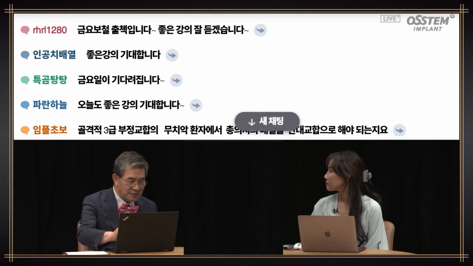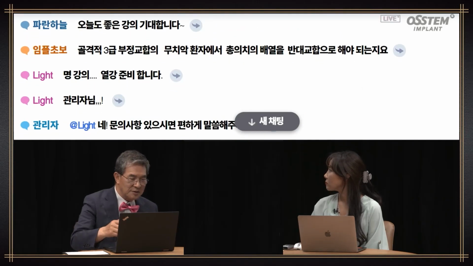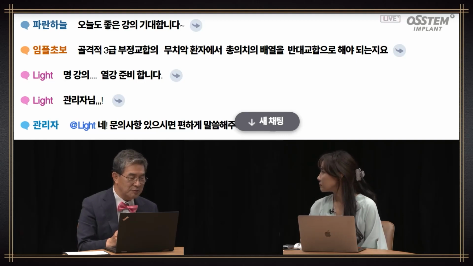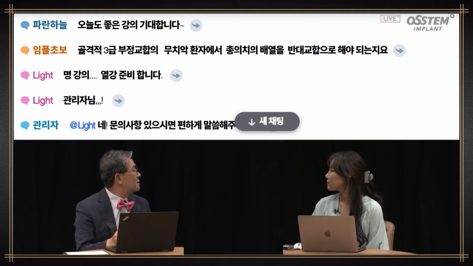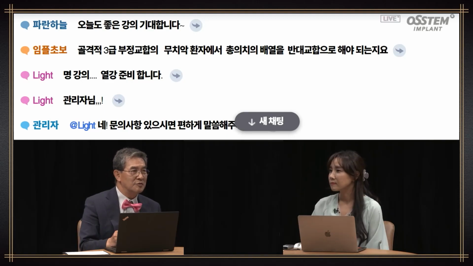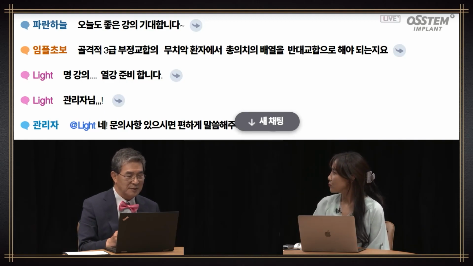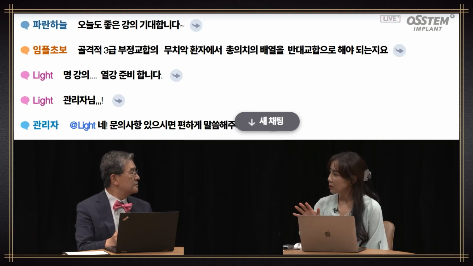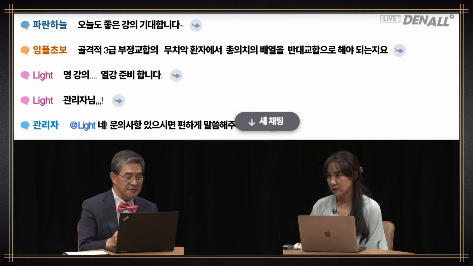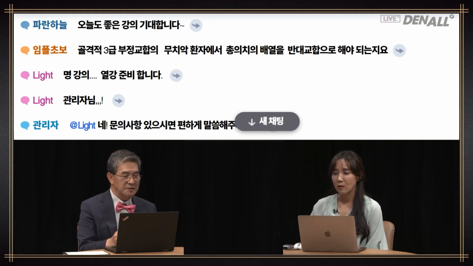Next, Impulchobo asks the question, for skeletal class 3 malocclusion edentulous patient, do we need to use crossbite for the arrangement of full denture? In the case of a class 3 malocclusion, when a patient has a lot of bone resorption and arch relationship is not good, when the patient has normal cusp inclination, we cannot achieve normal balanced occlusion.